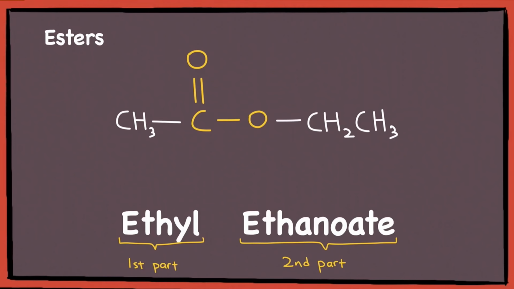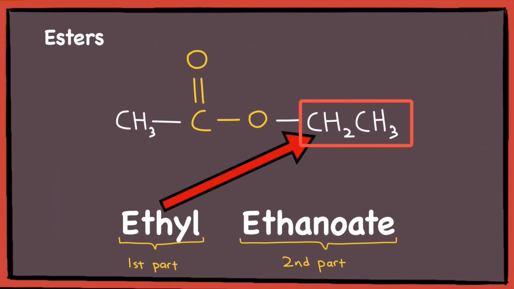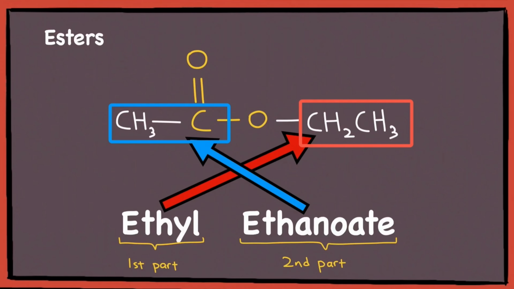To name esters, the general rule is that the first part of its name is named after the right section of the ester, or the right of the COO ester functional group, while the second part of its name is named after the left section of the ester. So it's like crossing over to match each section of the organic compound to each part of the name.